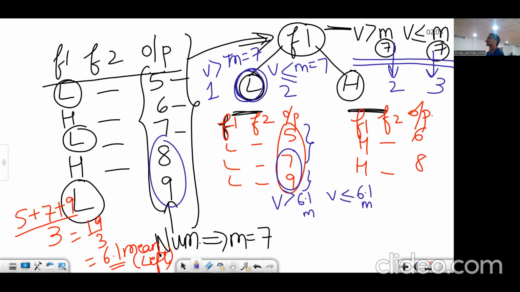Now, on splitting into low and high, we found subsets. In these subsets, how many values are greater than the mean? 1 in this left subset, only one value greater than the mean, that is 9. Here we have 5, 7.